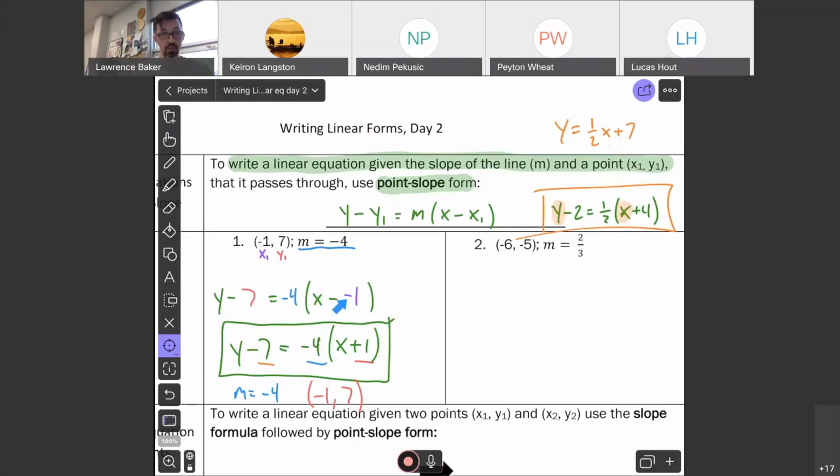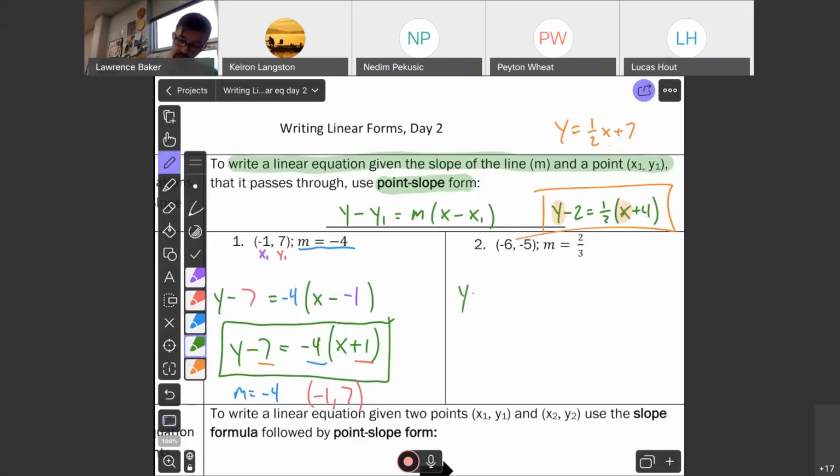Right, double negatives need to return to positives. So really, I'd like you guys to go from here to here in one step. I don't really want you writing it and then writing it again. It's kind of silly. Okay. So if you think about what it's looked like, it's y minus something equals m times x minus something.